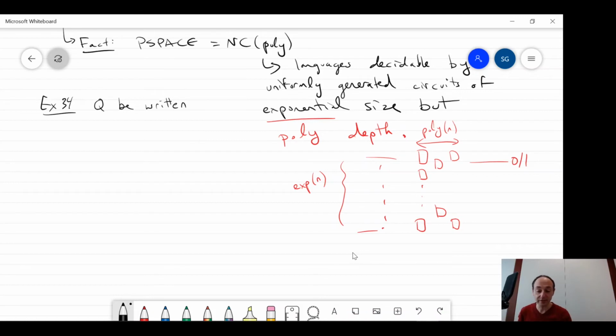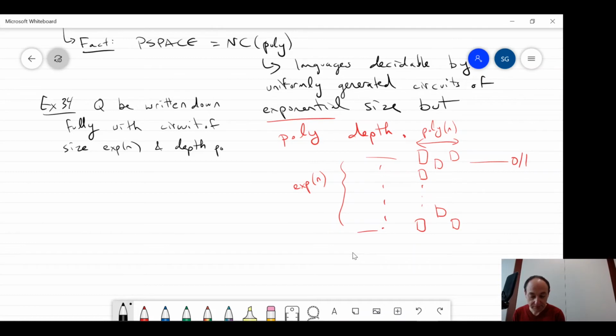We can actually write down the full matrix classically, with a circuit of exponential size and depth poly n. Okay, so this is kind of the starting point.